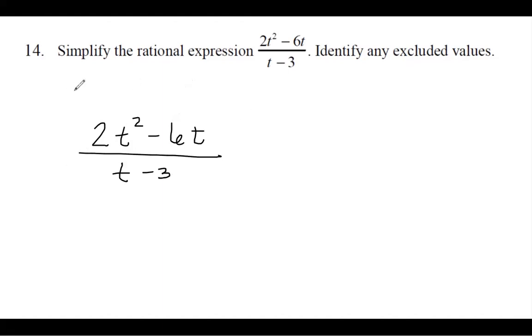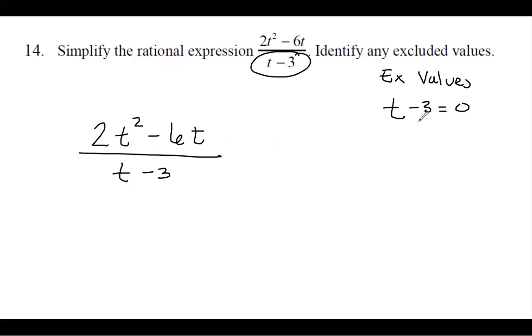So we're going to simplify and also identify the excluded values. So remember that my excluded values, what do we have to make equal to 0? The denominator, right? So my denominator here in this case is t minus 3. So we want to find what makes this equal to 0 so that it becomes undefined. So we exclude it.